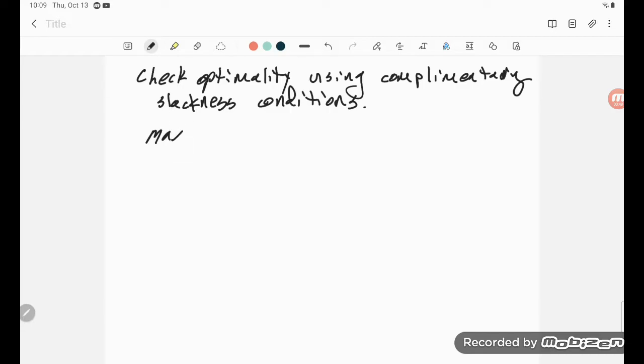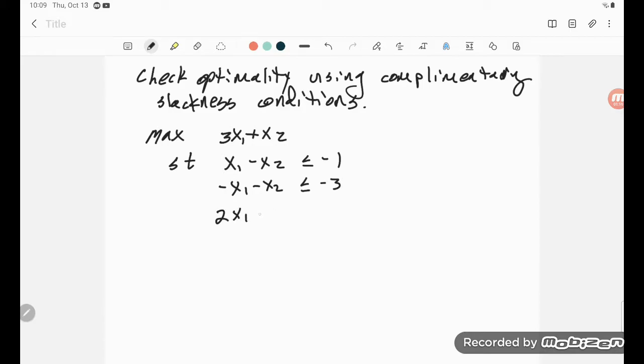So we've got maximize 3x1 plus x2 subject to x1 minus x2 less than or equal to -1, negative x1 minus x2 less than or equal to -3, 2x1 plus x2 less than or equal to 7, and x1, x2 are greater than or equal to 0.